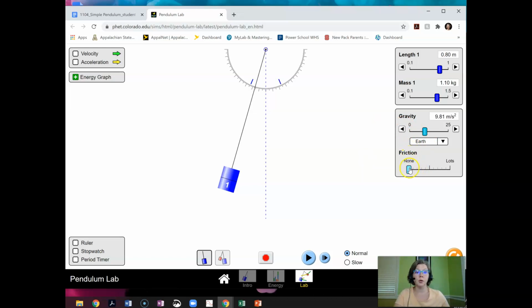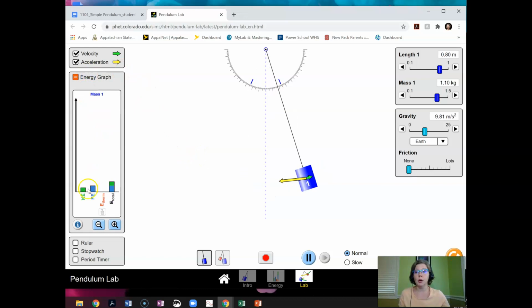For the most part, we're going to leave friction as none. You are not required to see the velocity or acceleration vectors during the motion, but it might be interesting to see those vectors displayed. Similarly, you are not required to use the energy graph available, but it might be interesting to see that information displayed.